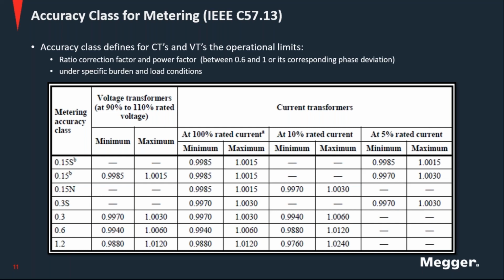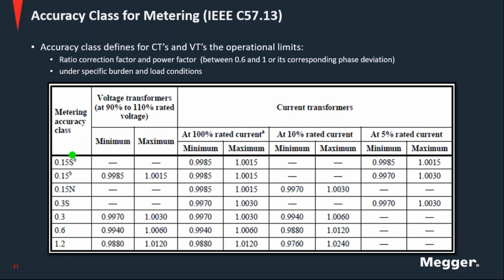The other thing to consider about the accuracy class is that the manufacturer guarantees that the instrument transformer will perform within these limits if there's a specific burden, or a burden that does not exceed a certain rating, and if some loading conditions are present. So let's look at the table.